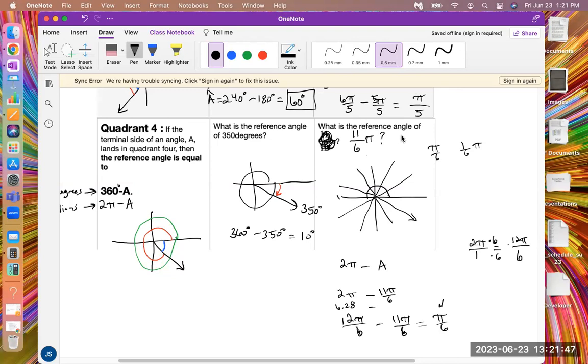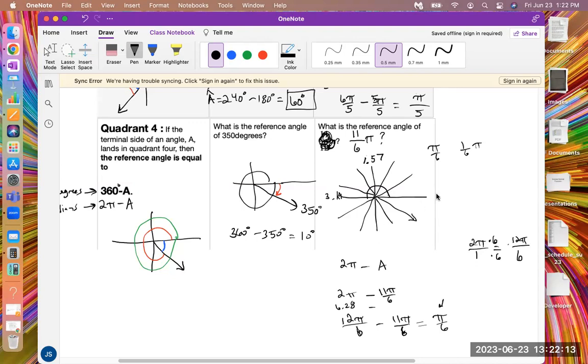So pi divided by 2 is 1.57. So if you wanted to turn the angle into a decimal to figure out which quadrant it's in, this is the way you would do it. This is pi over 2 approximately. And then pi is, of course, 3.14. And then this down here is 3 pi over 2.